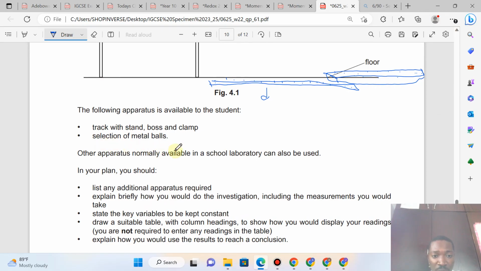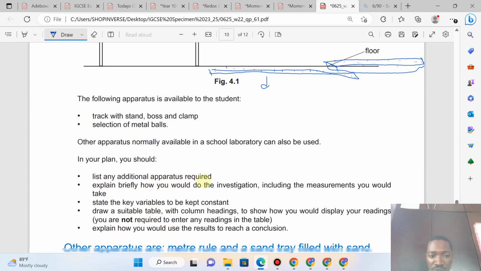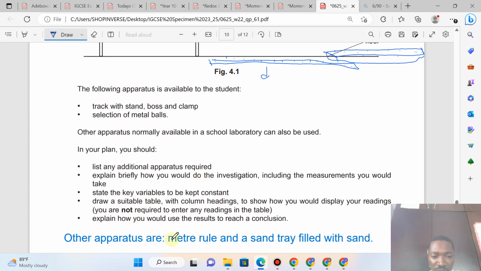Other apparatus normally available in a school laboratory can also be used in your plan. You should, number one, list any additional apparatus required. So this question is guiding you in the process. So what additional apparatus would you require? You put them here, other apparatus you require. You need a meter rule to measure the distance.